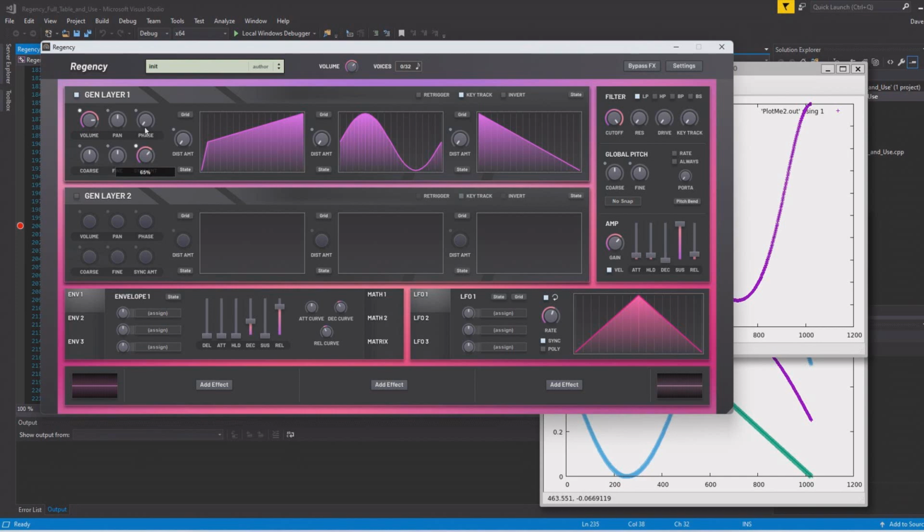At 64 point something percent, just below 65%, it gives 4 ramps. And at 100%, it gives 8 ramps coming in per period. So this should produce a sine wave that is twice as high as this one.